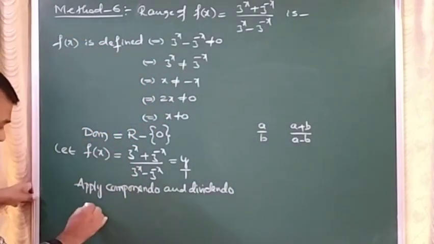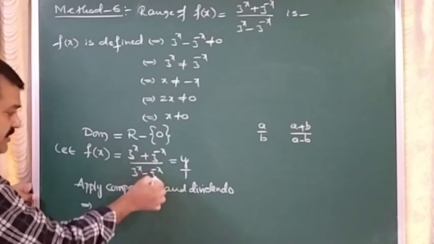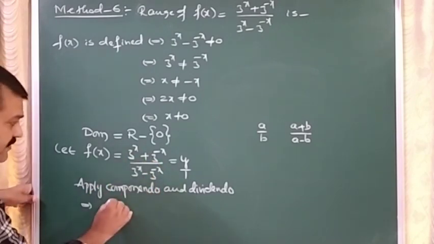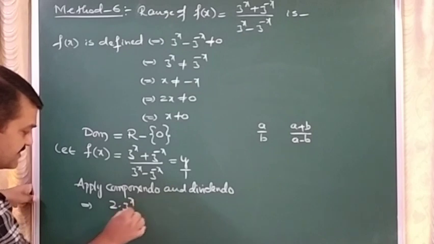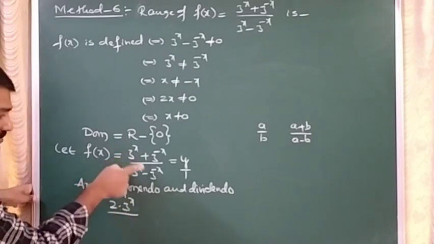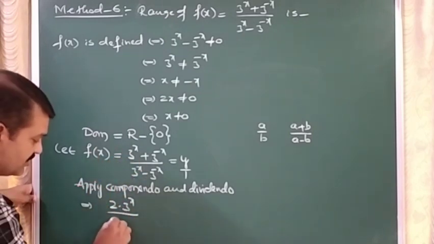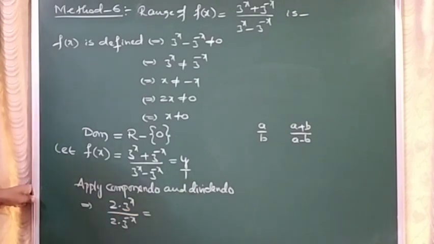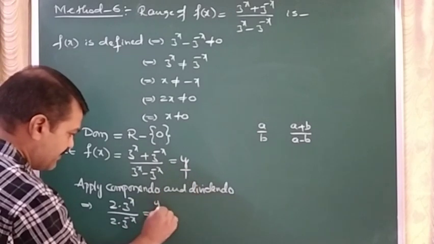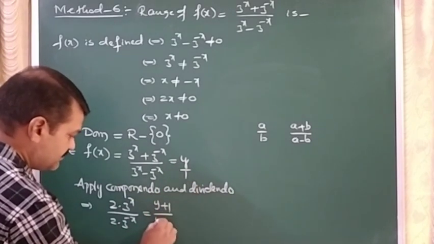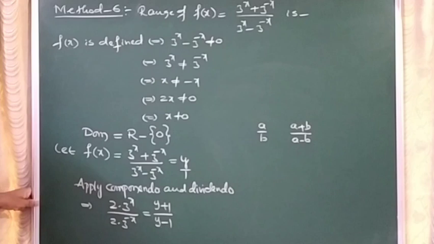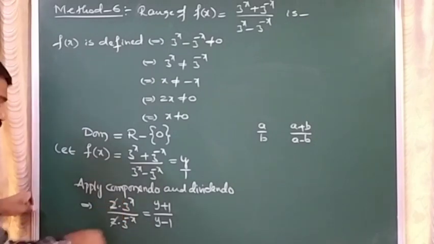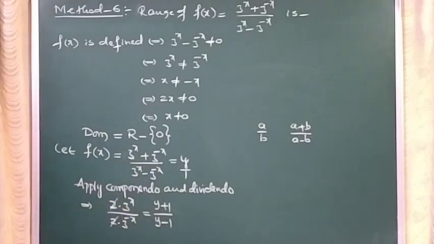See the first LHS part, numerator plus denominator. What you will get? 2 into 3 power x by numerator minus denominator, 2 into 3 power minus x, is equal to right side, numerator plus denominator by numerator minus denominator. So here 2 cancel.